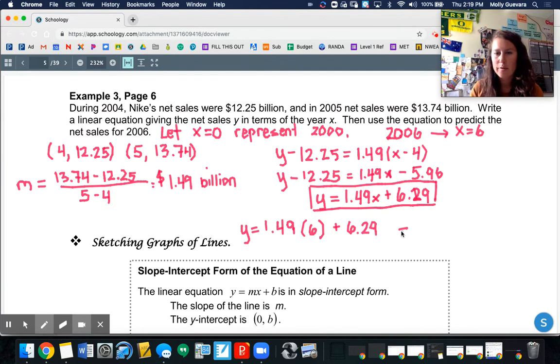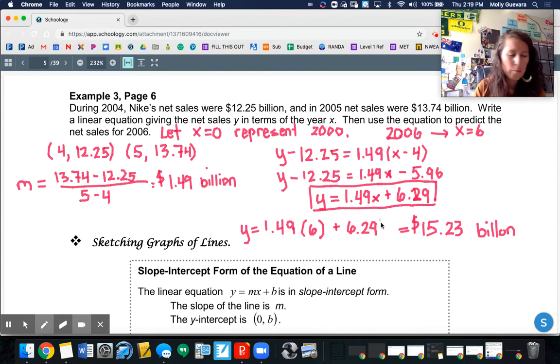Okay, so 1.49 times 6, who knows, plus 6.29, and I get 15.23 billion dollars. Can you imagine? Crazy. I could do so much with $15.23 billion.